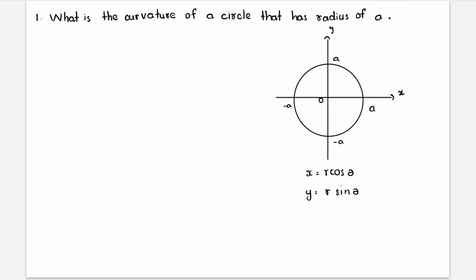So the answer is a cos theta, because r is a, and a sin theta. So the parametric equation r(t) is equal to a cos theta and a sin theta.